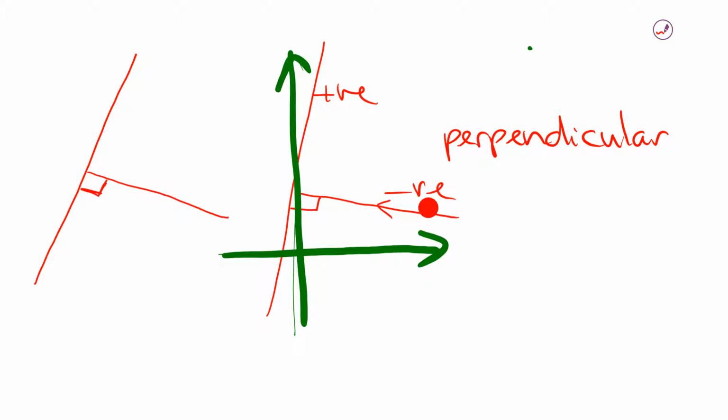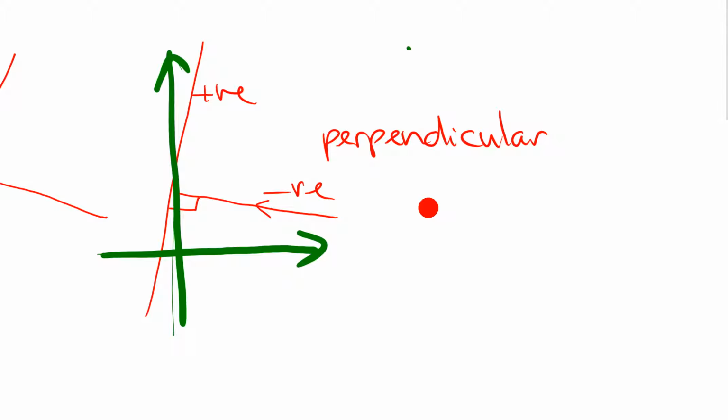Okay, so perpendicular lines. That's the introduction, and now here's a quick way of doing it. If I've got gradient A over B, the perpendicular gradient is going to be the opposite sign and the opposite fraction.